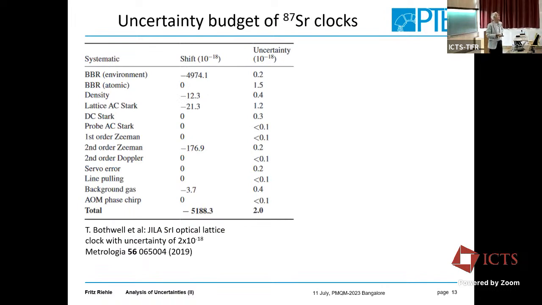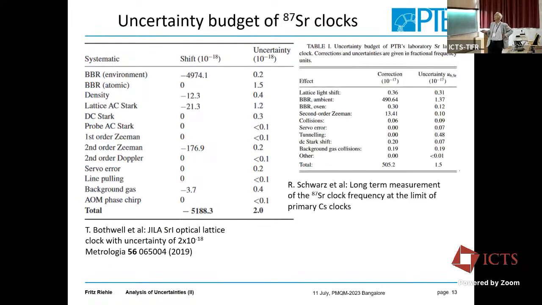Sir, on that table, we see that the BBR shift is coming negative, and for the PTB measurement, the BBR shift is coming like... You are perfectly correct. When I went through the transparencies last night, I said, should I write this again? Then I said, I will go to my colleagues and urge them to include the sign of the correction next time.